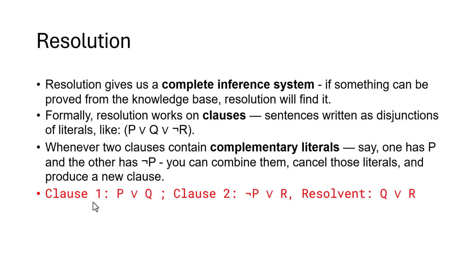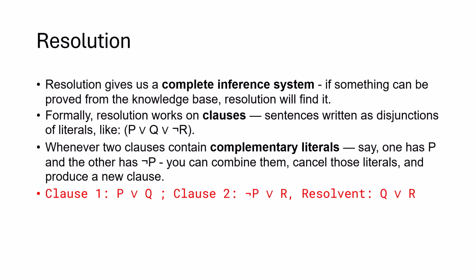So the example is clause 1: P or Q, and clause 2: not P or R. Here P and not P are opposite, complementary literals. So after resolution, the resolvent will be Q or R, because P and not P will be cancelled.